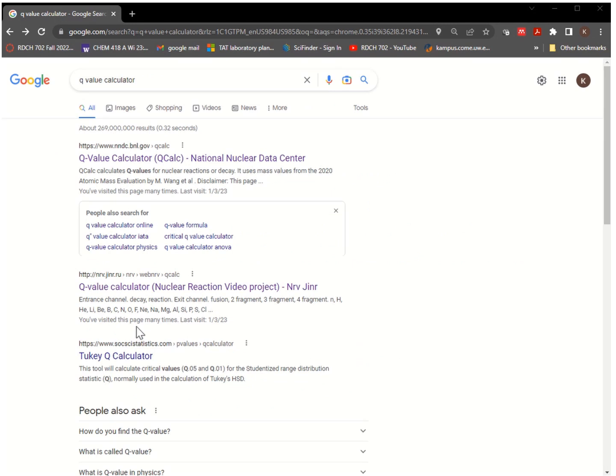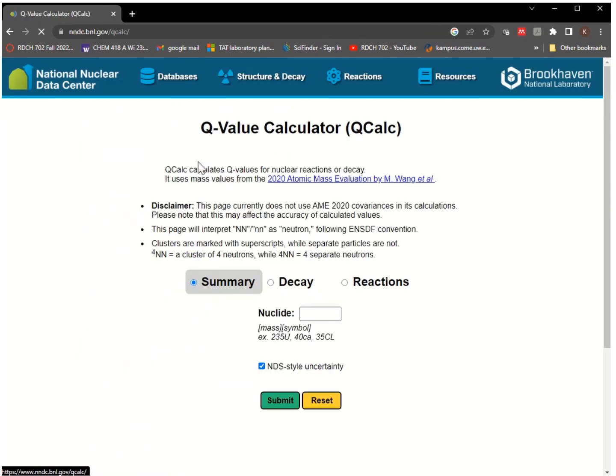Q values can also be calculated using websites. One does a search for Q value calculator, and two sites will show up. One will be from Brookhaven National Laboratory, another from Russia. Let's look at both of these, but focus on the one from Brookhaven National Laboratory.